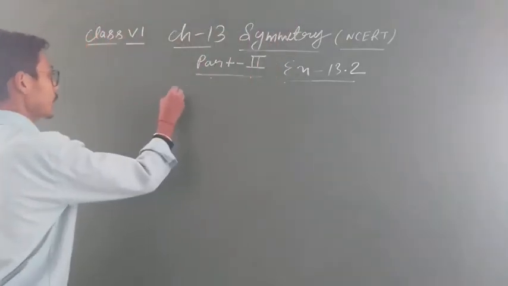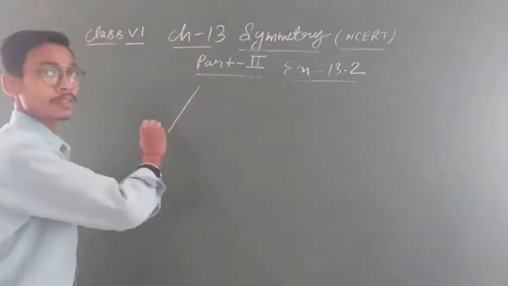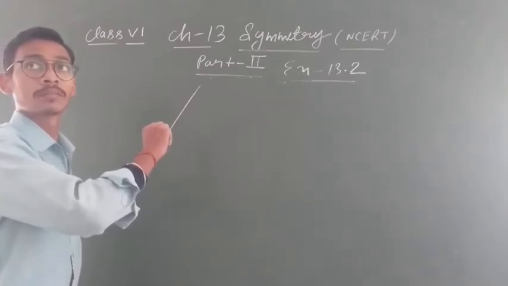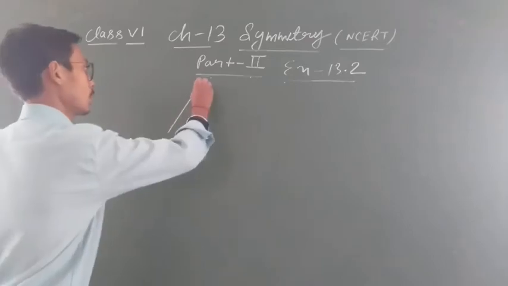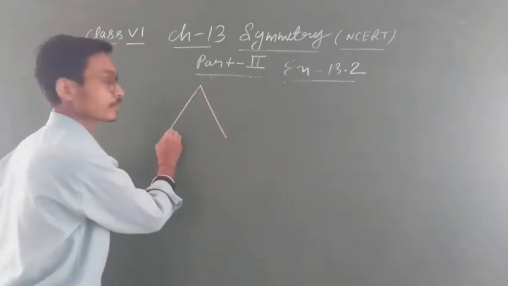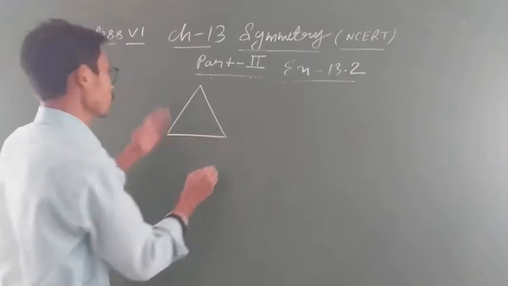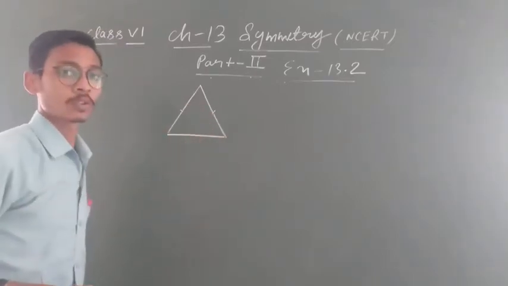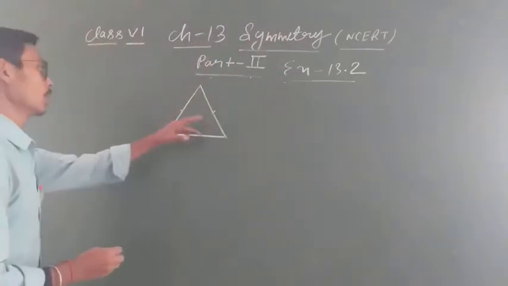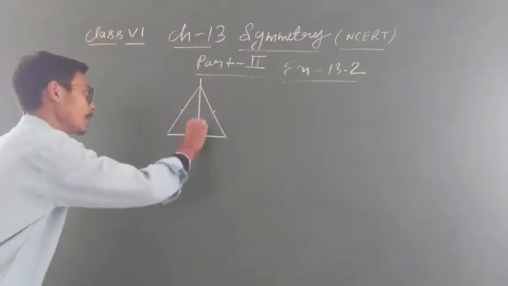अब जैसे isosceles triangle is given, do you know that in an isosceles triangle, student, two sides are of equal length? Clear everyone? तो देखो, two sides are of equal length यानी how many lines of symmetry?